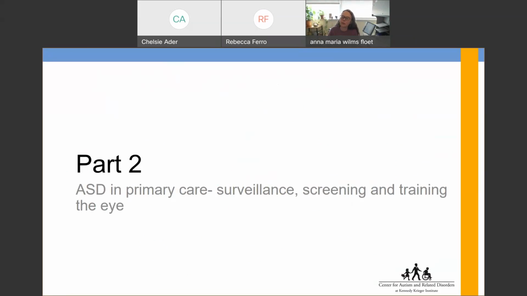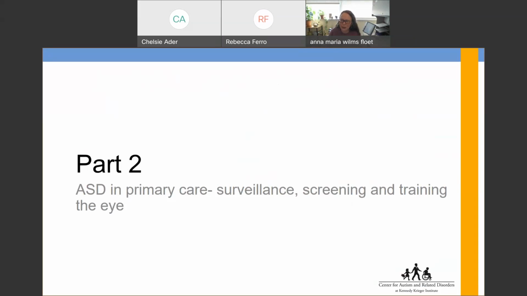We are learning from research that targeted screening at 18 and 24 months is not going to be enough, and that what we need to do in addition to screening is engage in surveillance, which basically means asking parents to question, are you concerned about your child's development? And if so, what part of development are you concerned about?